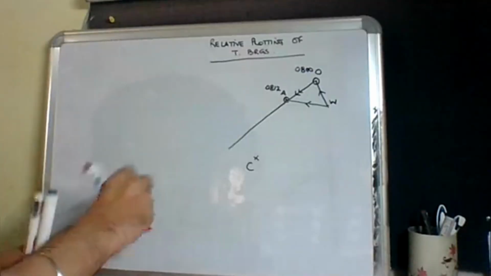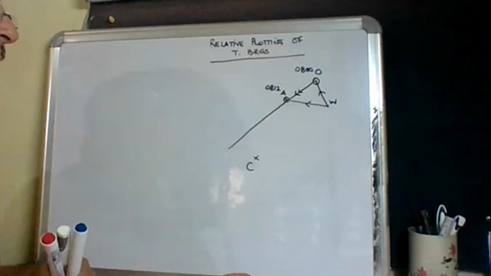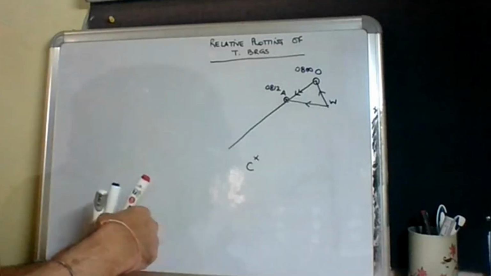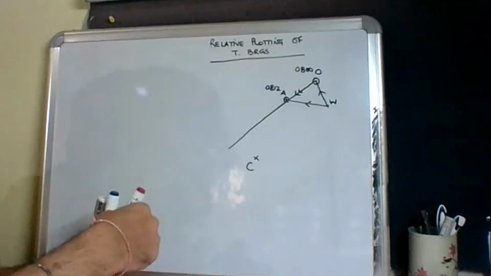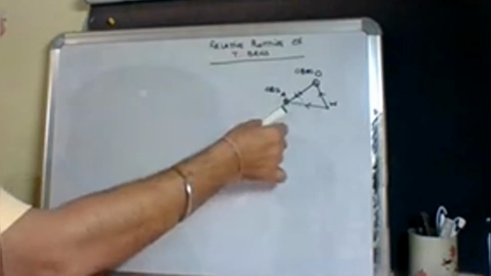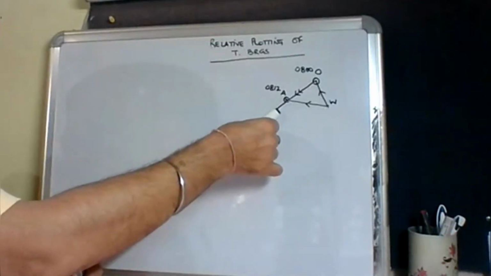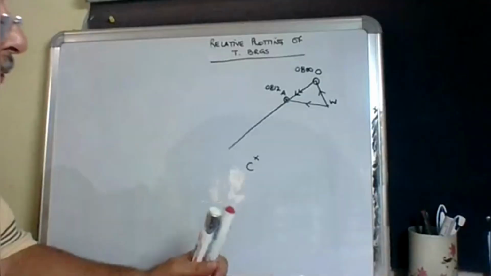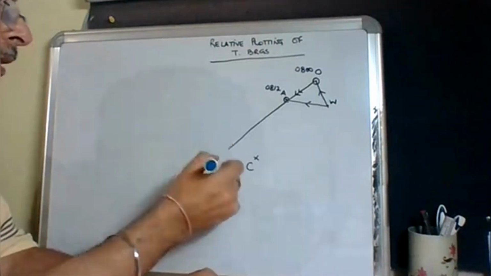Now from Charlie I have to drop a perpendicular onto the OA extended line. So how to do that? Look at the heading of the OA line. What heading is OA coming? Subtract 90 from it, and that will be the bearing line from Charlie.